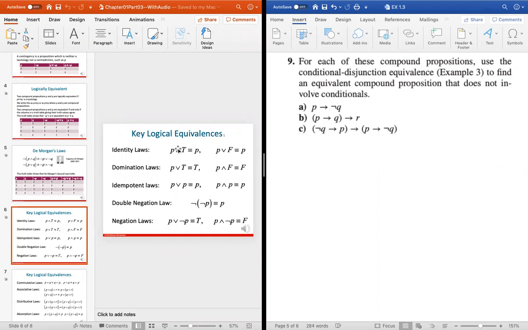Either you memorize this, or you can just prove this using the truth table. Or once you do some questions, you will probably get used to it. Once you come to some question which requires P conjunction true, then you will know that it is actually equivalent to P. It just takes a couple of exercises and then you will be a master at it. It's not going to be too hard.